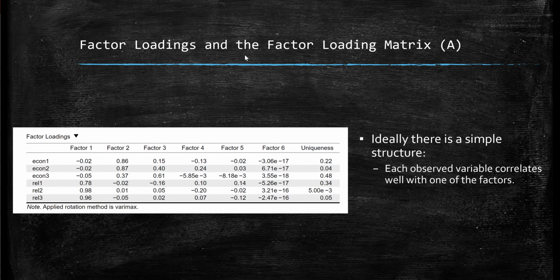An incredibly important statistic for exploratory factor analysis are the factor loadings themselves. So I conducted a factor analysis with the 6 items, and I didn't constrain it to have fewer than the maximum number of factors. So there's 6 items, so the maximum number of factors would be 6.